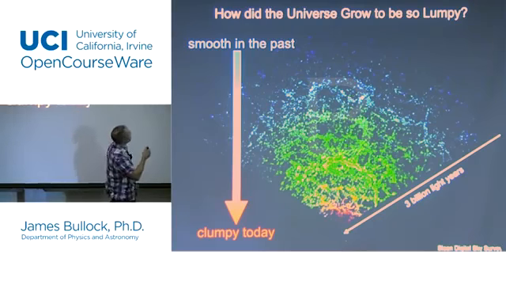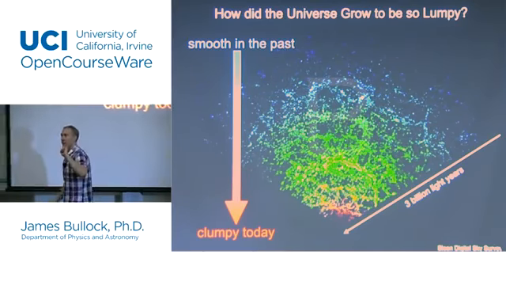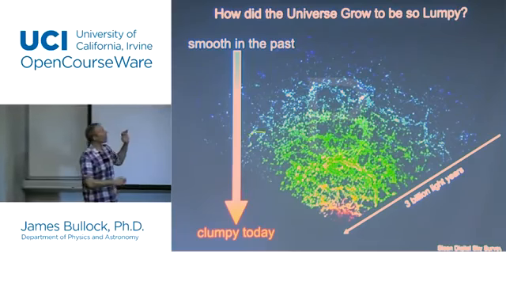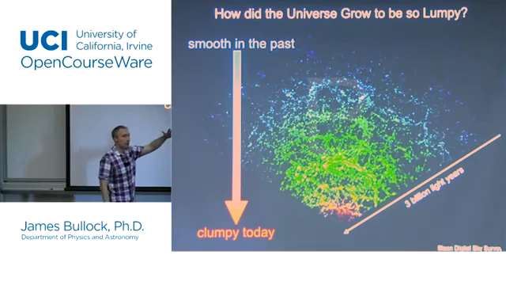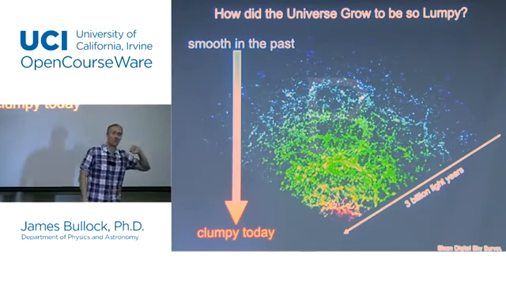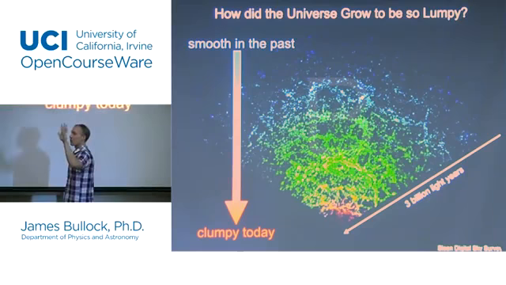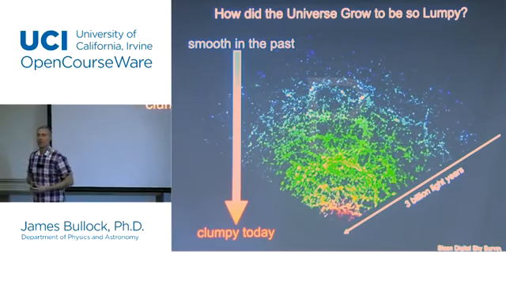But as you go back in time, it's smoothing out. There's less and less structure. And in fact, with other things not shown in this plot, we can go way back to something like 300,000 years after the Big Bang and measure the clumpiness of the universe in just sort of diffuse gas at that time. And the universe was almost perfectly smooth in the very beginning.